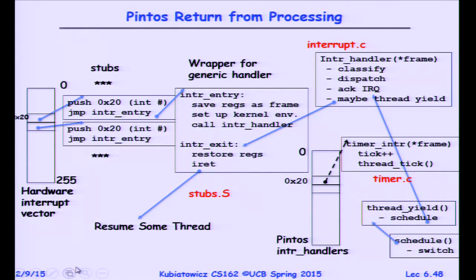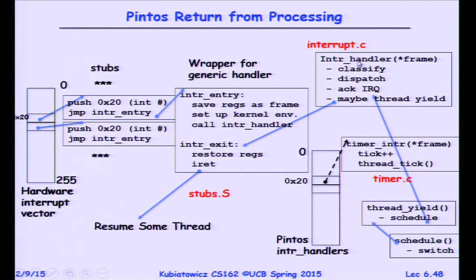Part of this is a mix of what does x86 do and what does Pintos do. So you see the marrying of what the hardware does and what the operating system does, and those two fit together because of the way that these wrappers, stubs, and interrupt handlers work.